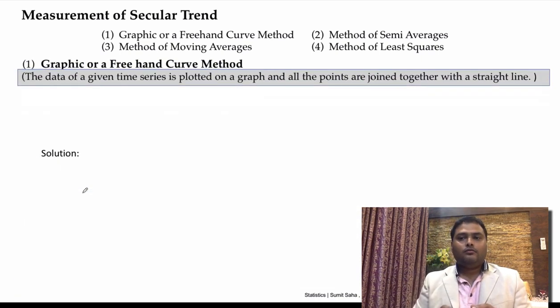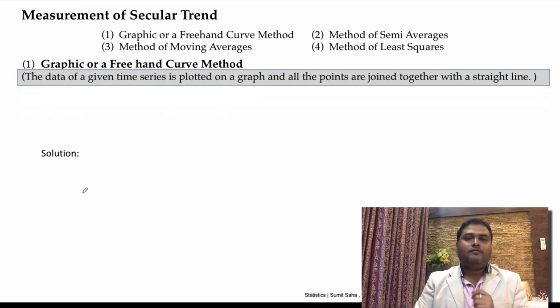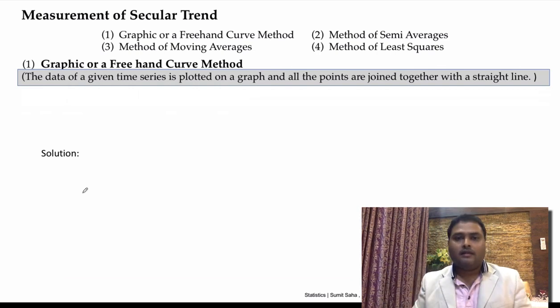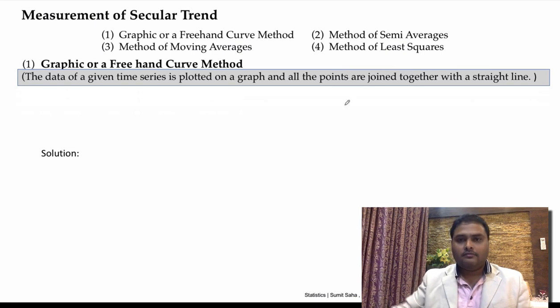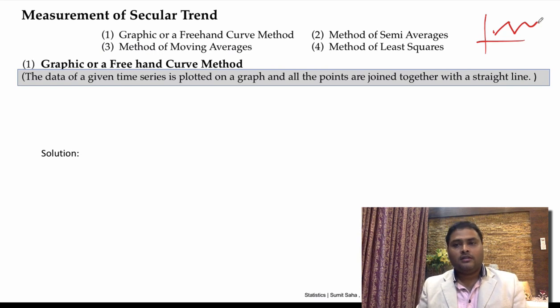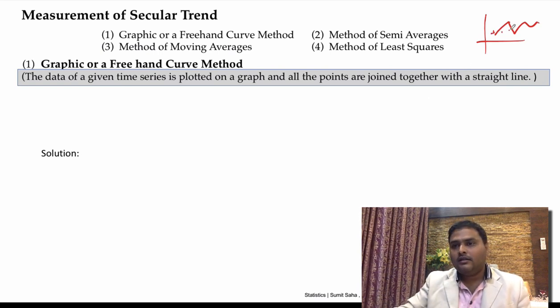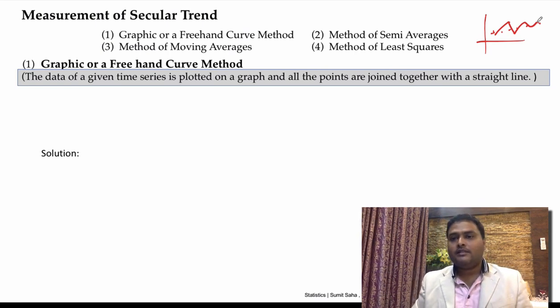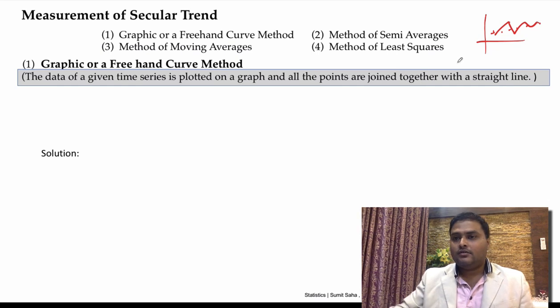Now, what is the process of this? The graphic or freehand curve method is nothing but the data of a given time series plotted on a graph. So we'll plot a graph, try to draw the curve, and then try to draw the secular trend. All the points are joined together with a straight line, so I'll get this kind of curve.